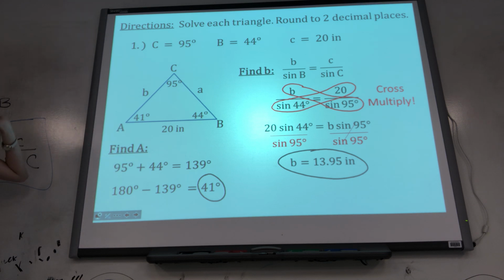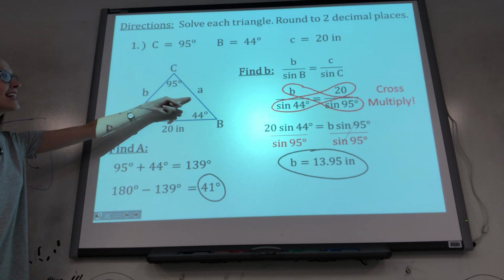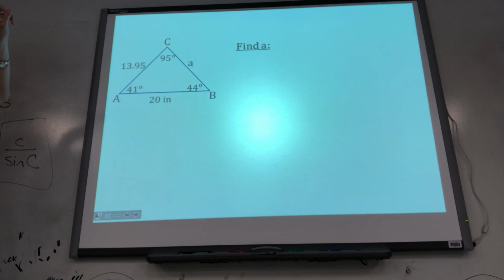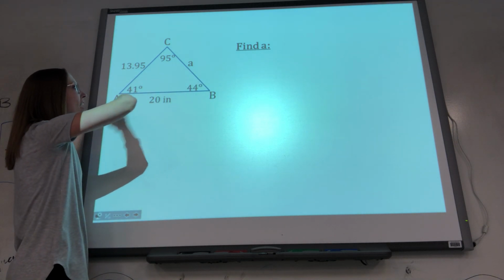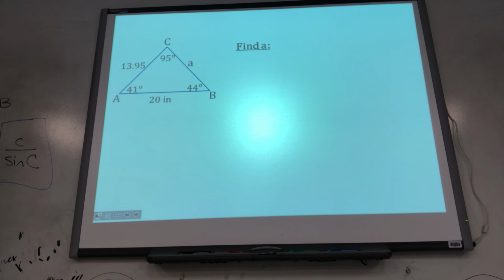All right. Now, what's the only other variable we don't know? A, and again, this is a 2-slider here, next slide, but this is not a right triangle, so please don't do the Pythagorean theorem. That only works with right triangles.